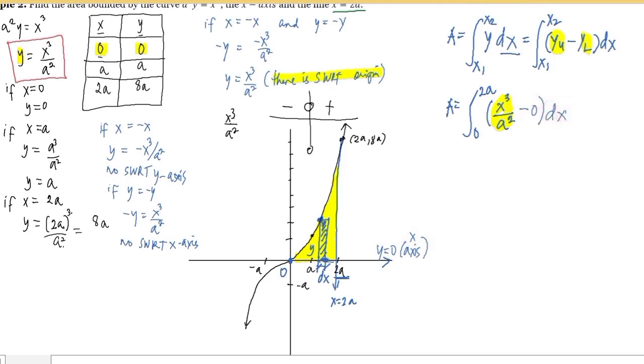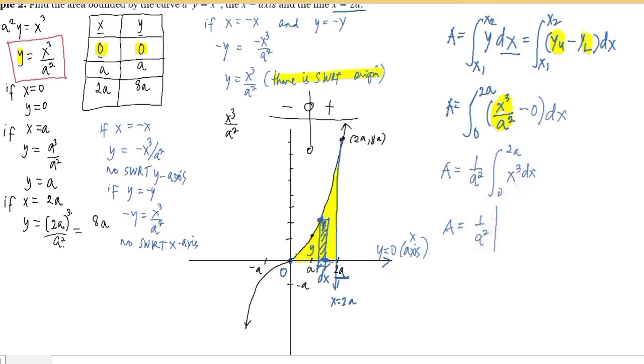So, taking the integral of this, we have the area is equal to. Since this a square here is constant, we can factor that out. That would be 1 over a square, limit from 0 to 2a of x cubed dx. Computing for the integral, we have 1 over a square.